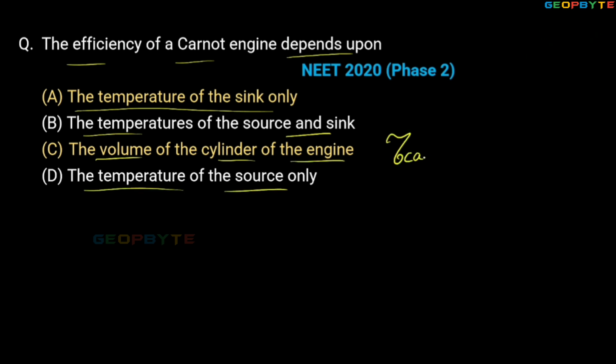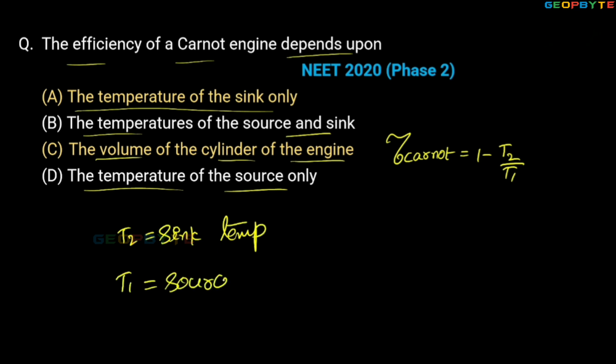Carnot cycle efficiency equal to 1 minus T2 by T1, where T2 equal to sink temperature, T1 equal to source temperature.